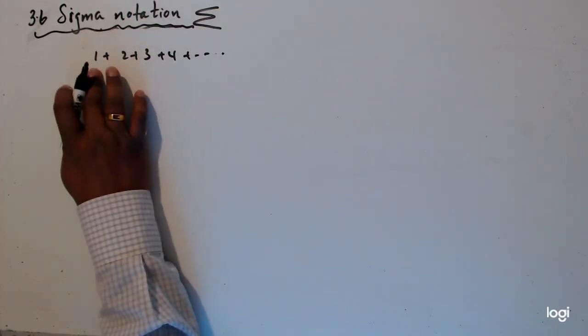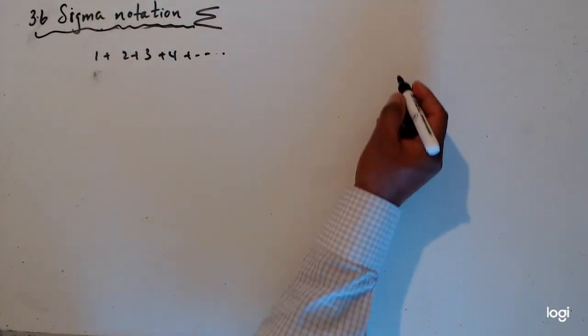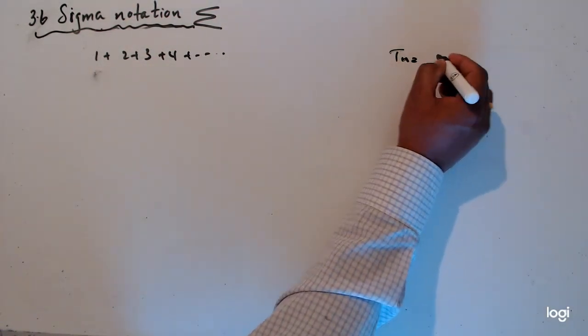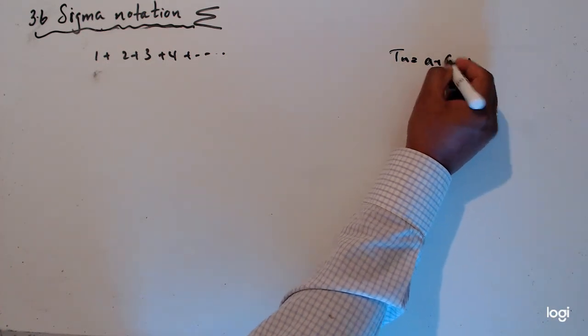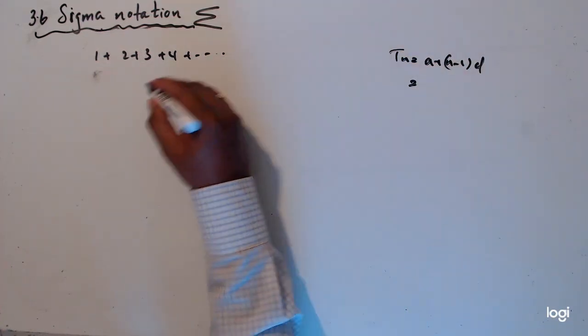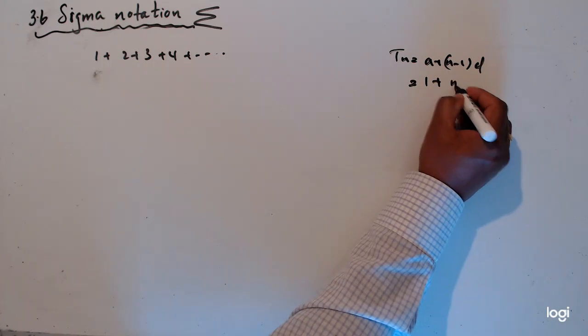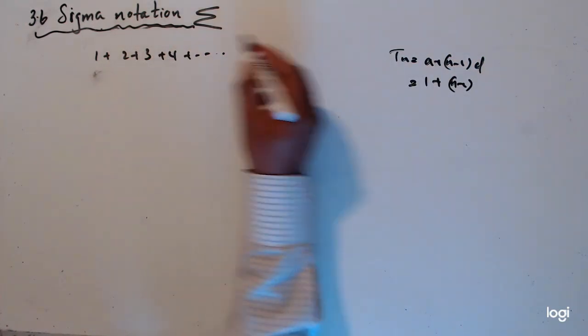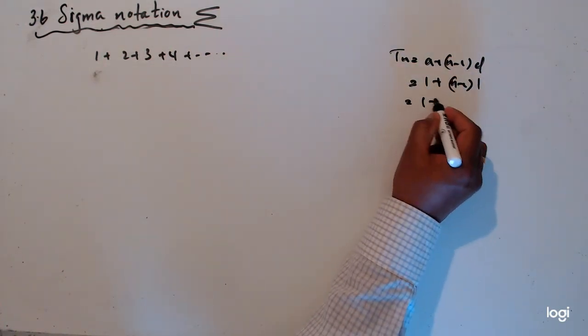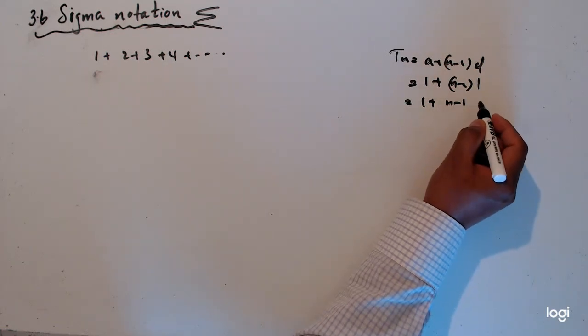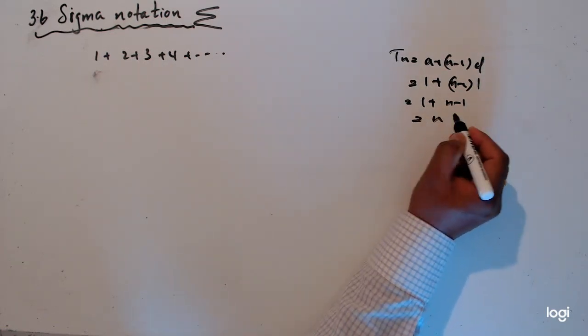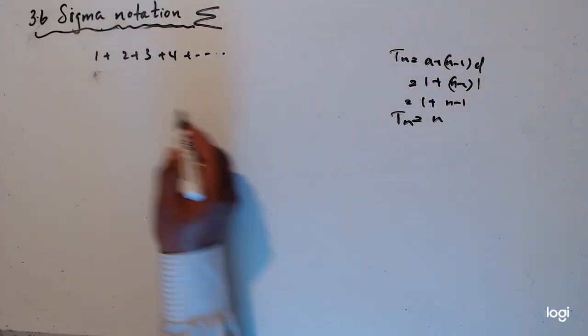We'll write it in terms of r. So what is the nth term? Tn equals a plus (n minus 1)d. A is 1, and d is 1 again, so 1 plus n minus 1, that is n. Tn is n.